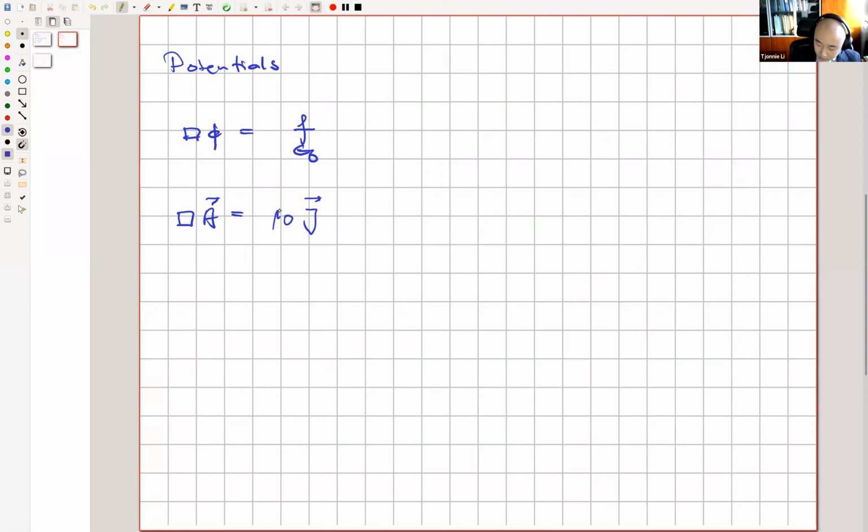But in this case, what we have is the curl of E equals negative partial B partial t.